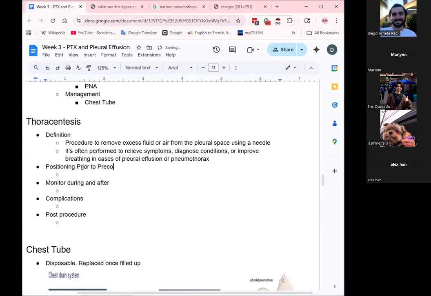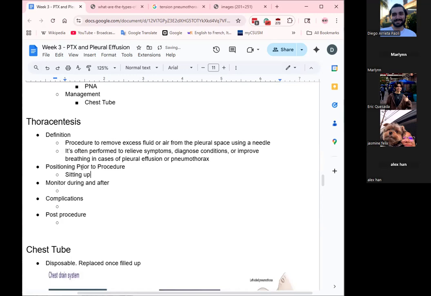So this is the one where the doctor will want them to already be prepped at this position when they come by, or they're going to yell at you. And they're going to want the supplies already set up. So prior to the procedure, they're going to be sitting up.